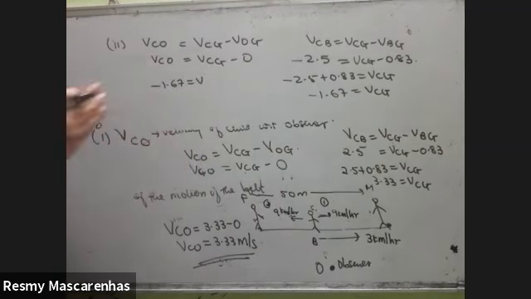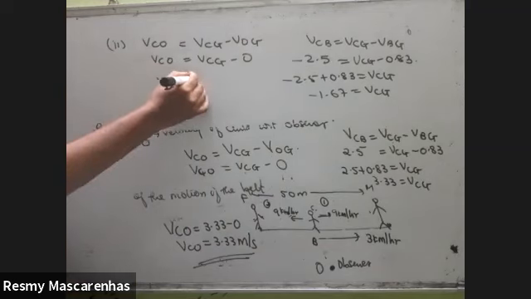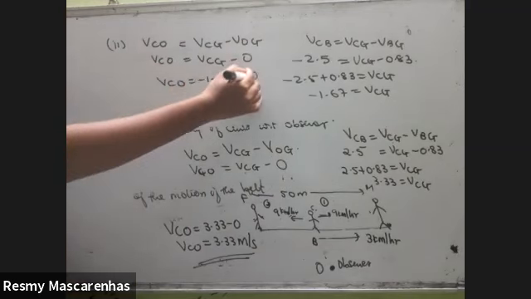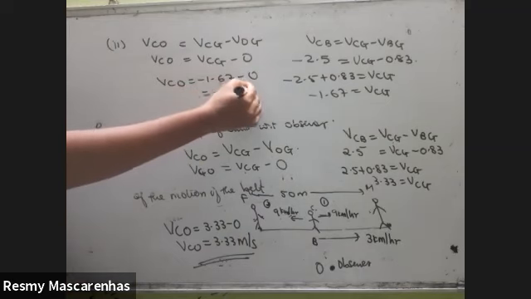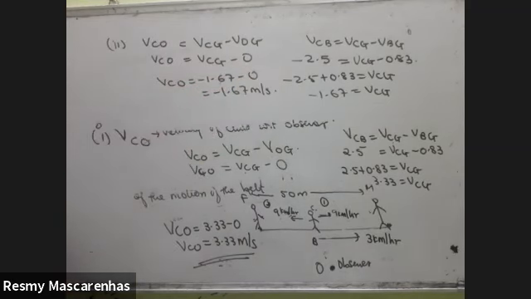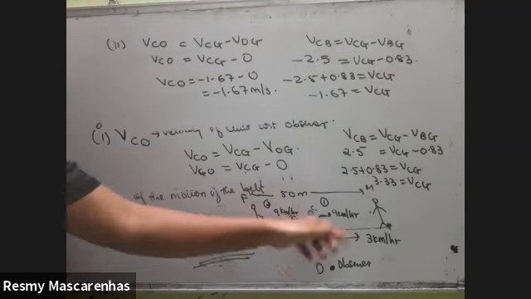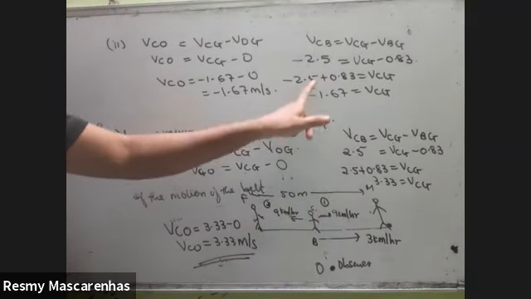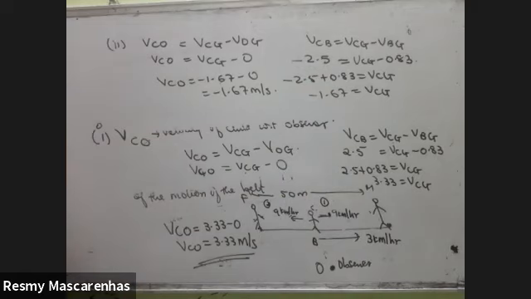That will give you the answer, VCO. I told you, whenever they are in the opposite direction, they will always get subtracted. Okay, I'll stop here. Some more problems here and there from the question papers.